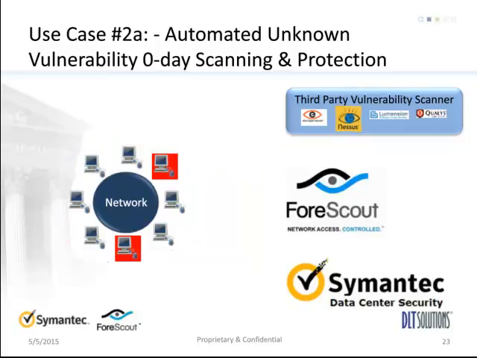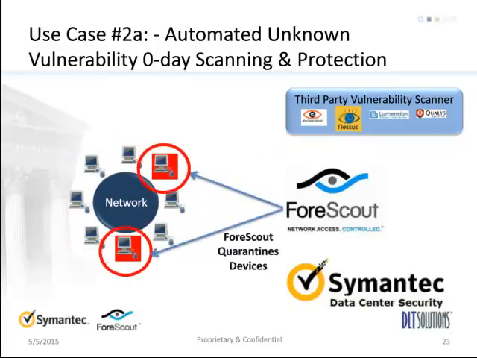Additionally, we can scan your environment, which is not shown in this use case, for other potential zero-days and identify those as well, as a backup to what the vulnerability scanner may have missed. We will then pass our trigger event onto data center security, which then essentially puts their protective policy-based control around that device.